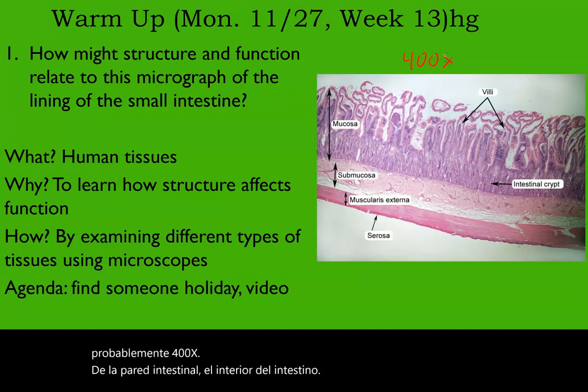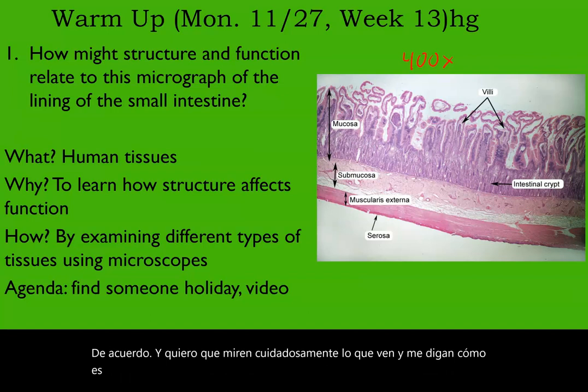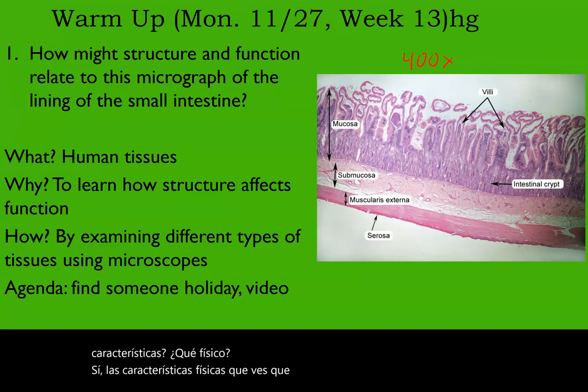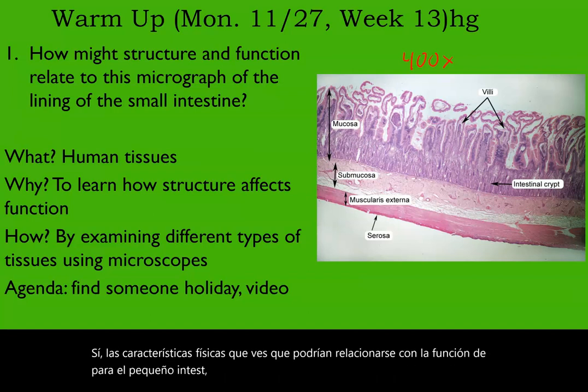Okay, and I want you to look carefully at what you see and tell me how that structure is related to the function of the small intestine. What physical features do you see that could tie in with the function of the small intestine? All right, so have fun with that.